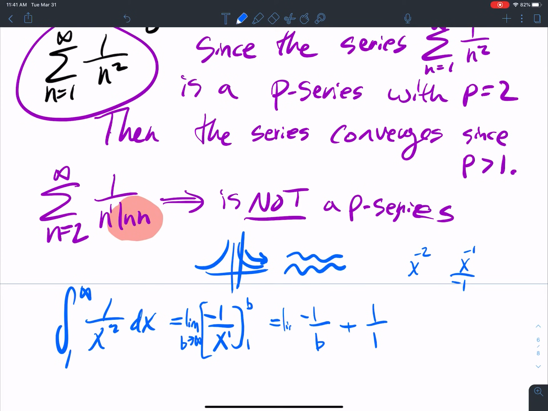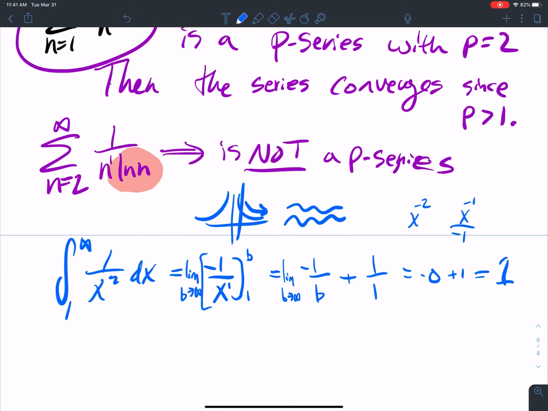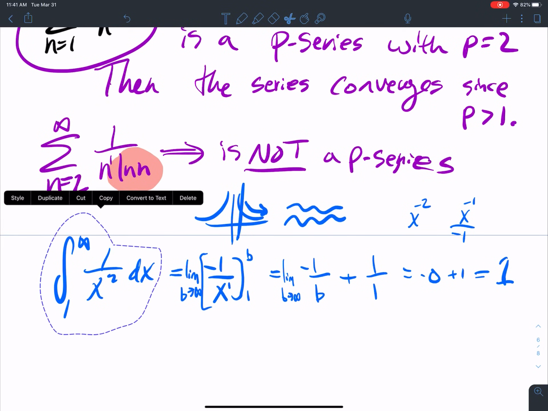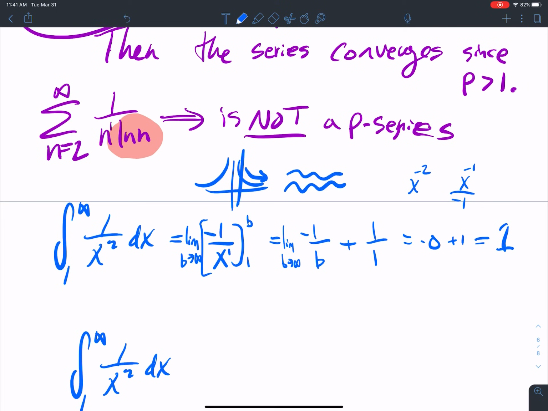And the limit as b goes to infinity, this goes to 0 plus 1. So my answer is 1 here. So this area, the integral here, is equal to 1.